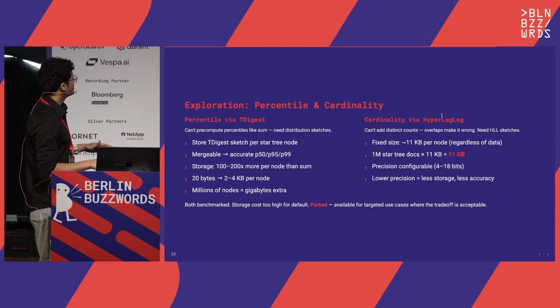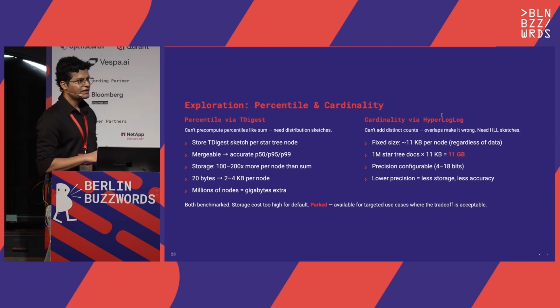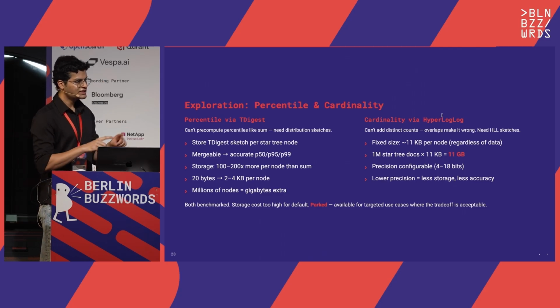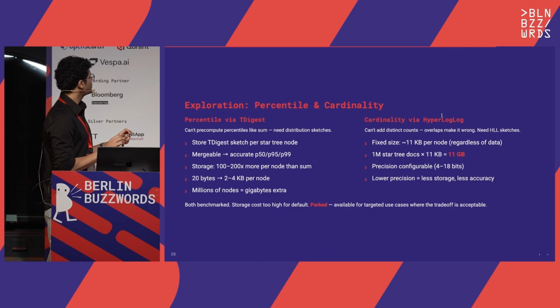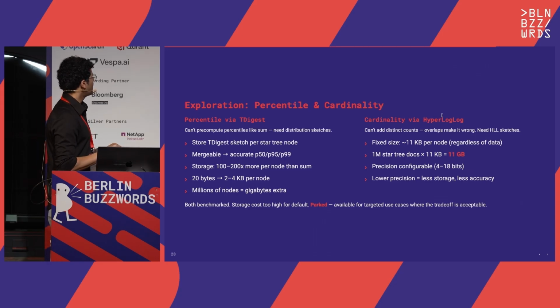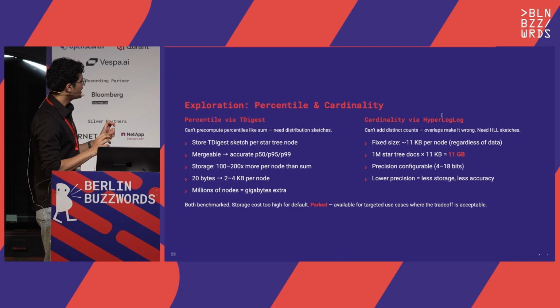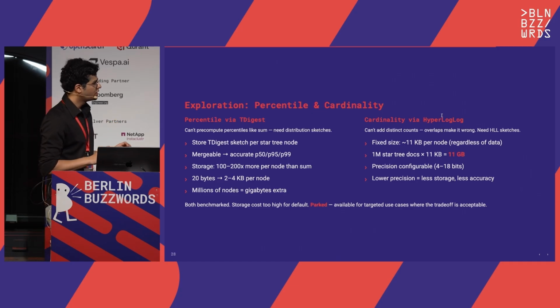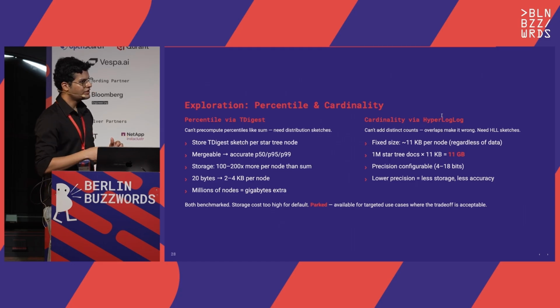The problem is storage. For basic metric aggregations like sum, in every star tree node we would only have to store about 20 bytes to store that particular sum. But what happens in the T-digest case? We benchmarked it and found that for every node, as the documents start to increase, it reaches up to 2 to 4 KBs per star tree node.